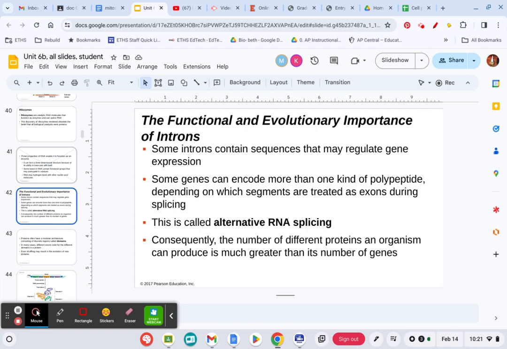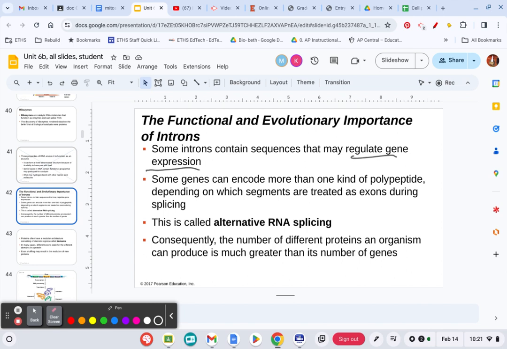So the question that some people have raised in the past is, why are there intron regions? This makes this process more complicated. If there weren't those introns there, we wouldn't have to worry about that. Well, there are a couple of things. First of all, introns may, in some cases, regulate gene expression.